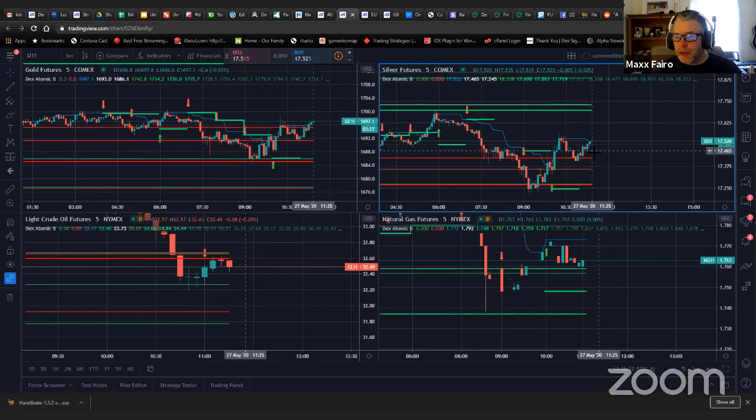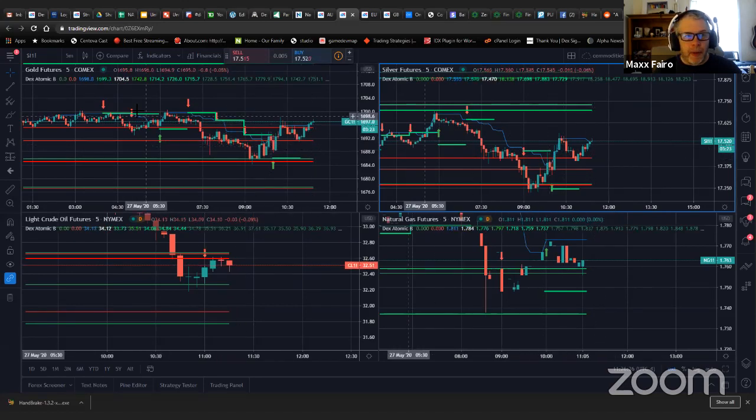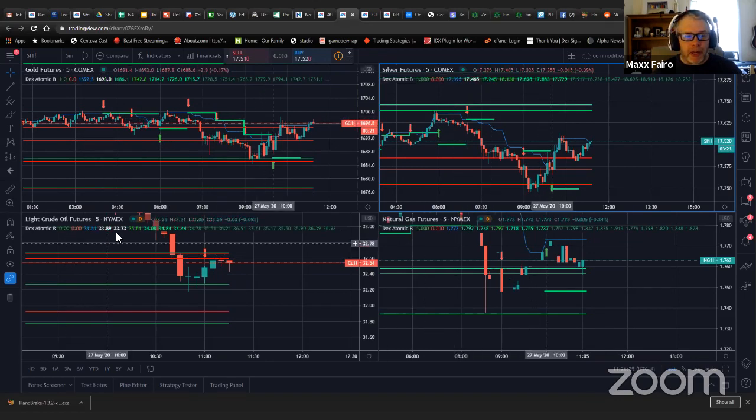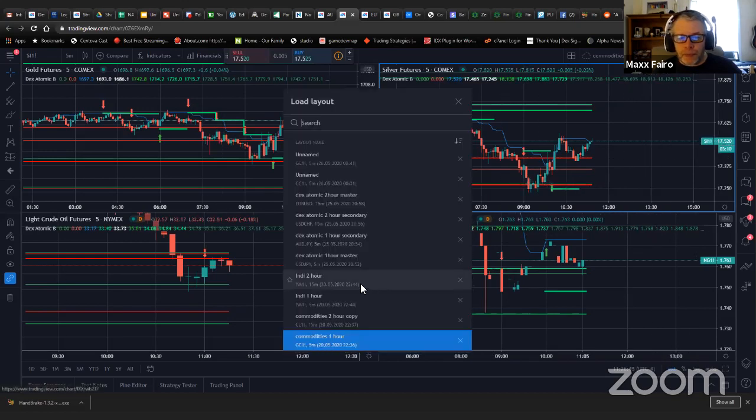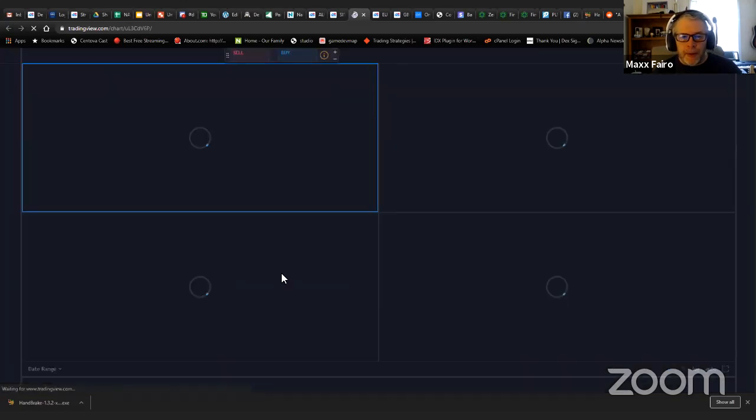All right, yeah, so there's the 11:25s. So I have the COMEX ones. I didn't set up my NYMEX ones, and I have to do that by going to my profile and choosing those. But let's look at the indices as well.